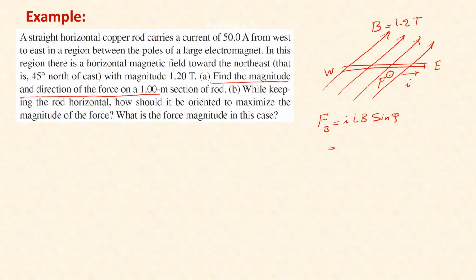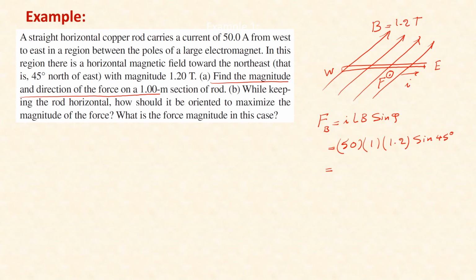I is 50 amps, so 50 times L is 1 meter, B is 1.2, and sine of phi is sine of 45 degrees. So that becomes 60, right? 50 times 1.2 is 60 times sine of 45. Sine of 45 is the square root of 2 over 2.